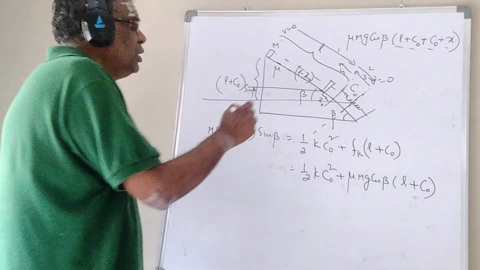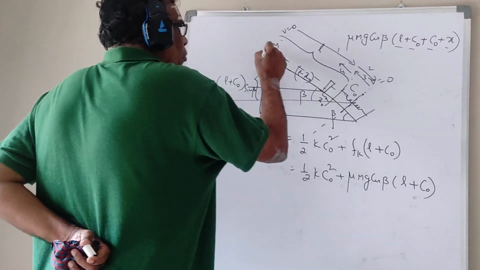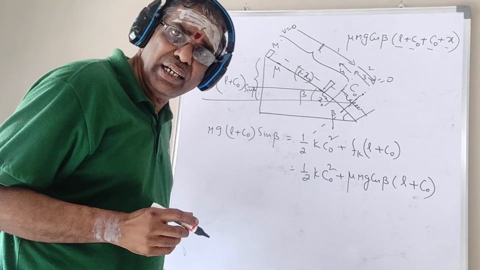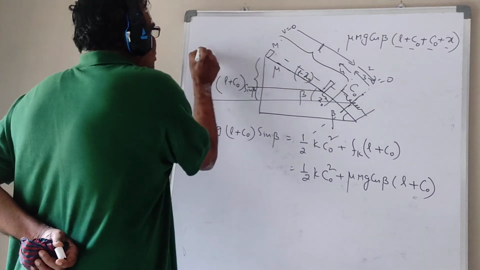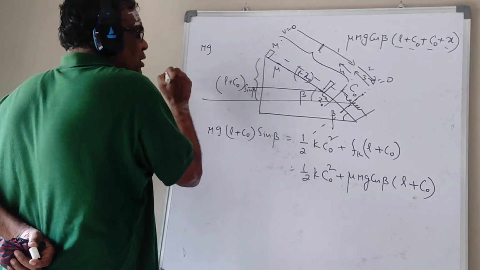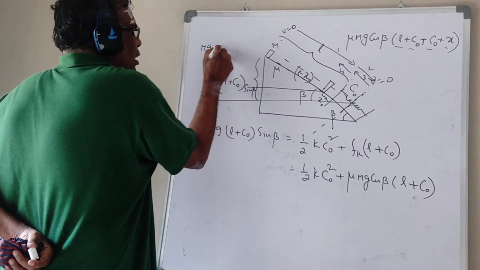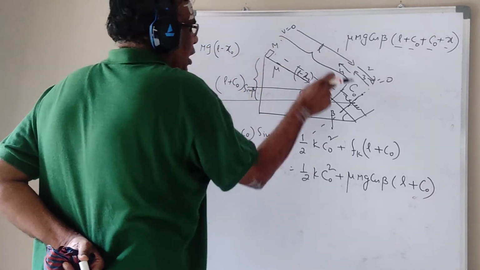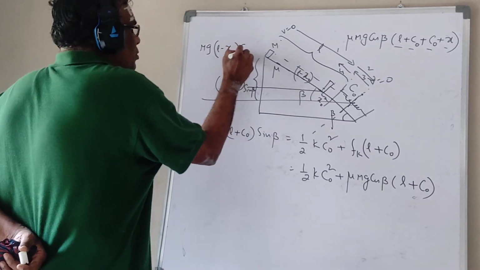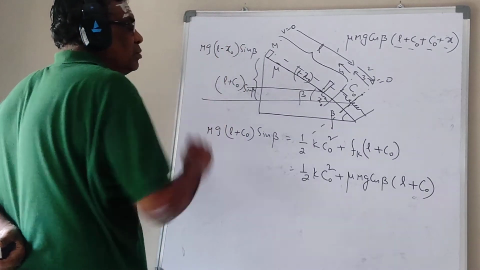Total. Now, if it comes here, what is the falling potential energy source? What is the potential energy there? Mg L minus x naught sine beta.